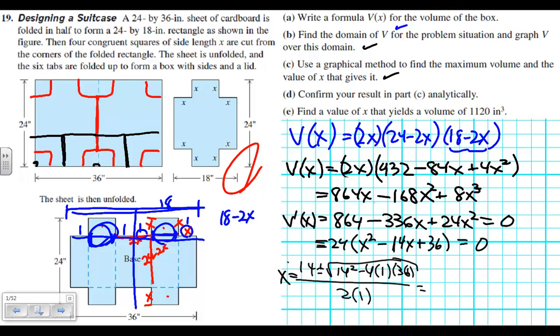So one of them is root 13 plus 7, and the other one is root 13 minus 7.